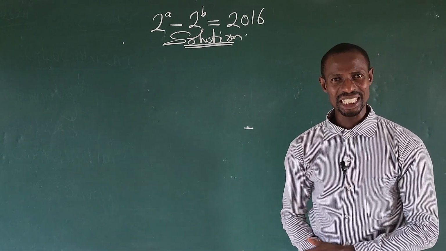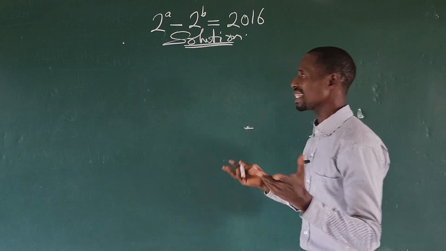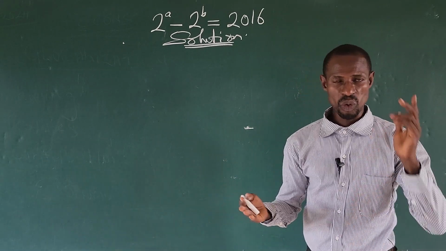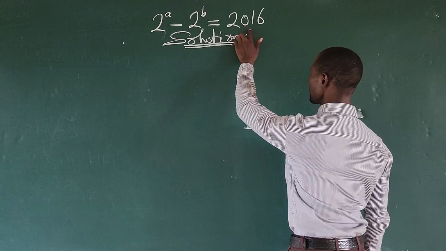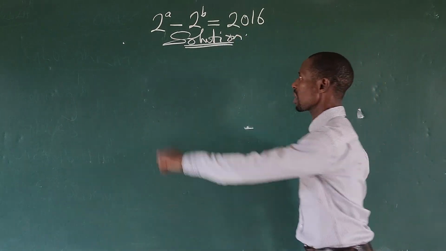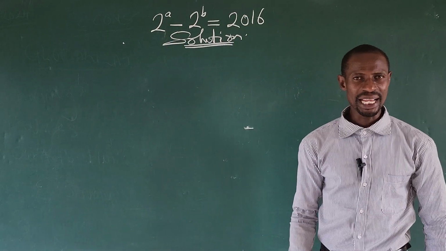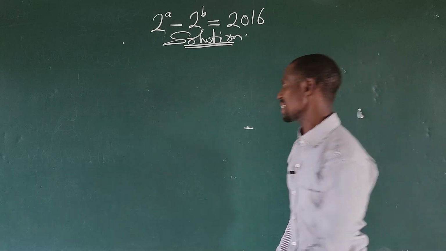What does that tell us? It means a must be greater than b, because it is only when a is bigger than b that the result will be positive, given the minus sign.